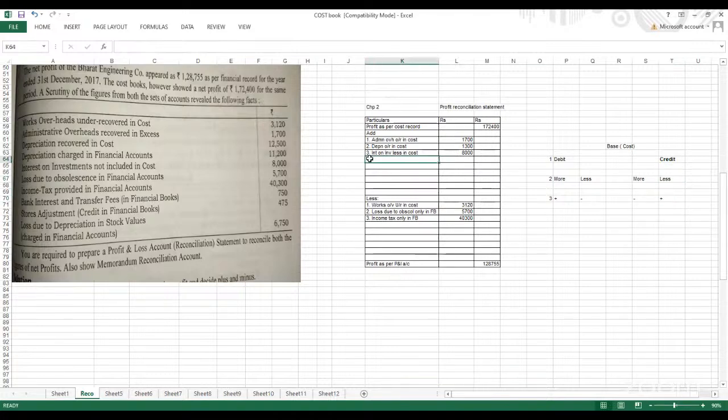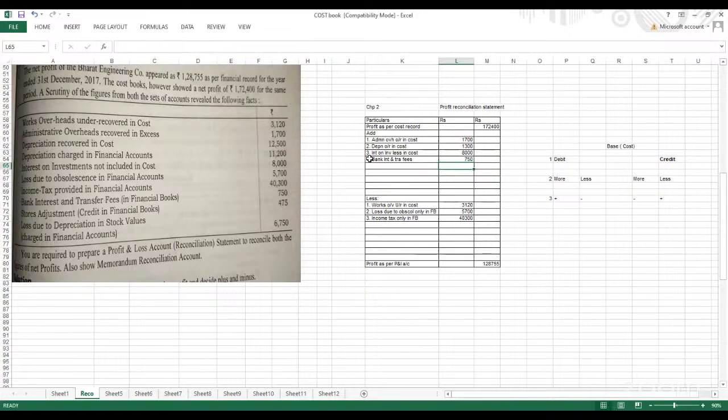We go to add bank interest and transfer fees. Okay, you can write only in financial books. How much? 750. Clear? Okay.